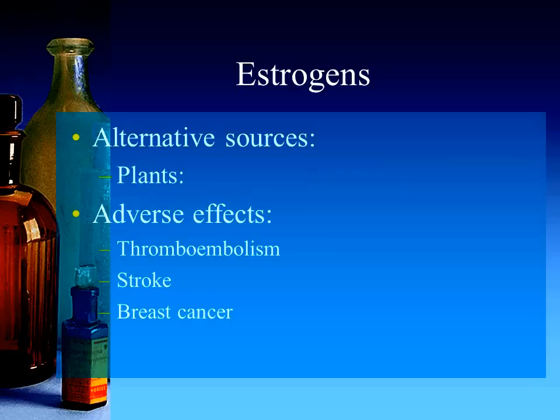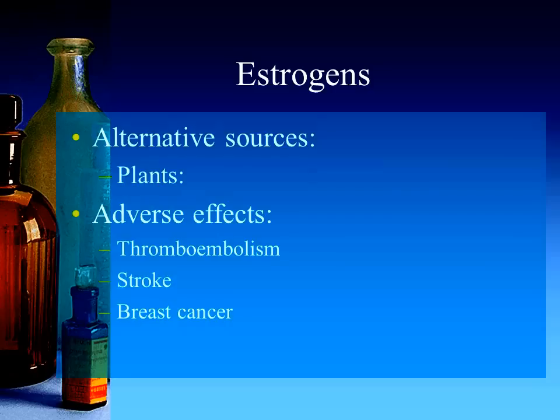Now, estrogens themselves do occur in nature. We have something called phytoestrogens, and phytoestrogens are in plants, and they can be absorbed in the body from plants or from sources of the plants that contain the phytoestrogen. A couple of those would be spearmint, which has phytoestrogen in it, and soy products.